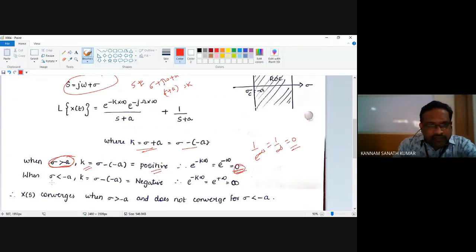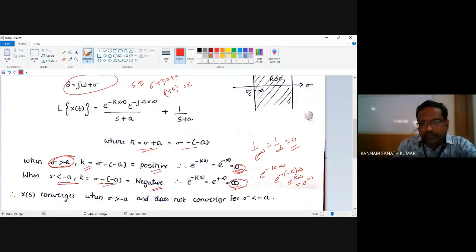So when sigma is less than minus a, this k becomes negative. So e power minus k infinity, where k is negative, means e power minus of minus k into infinity, so e power k infinity, which is e power infinity, which equals infinity.